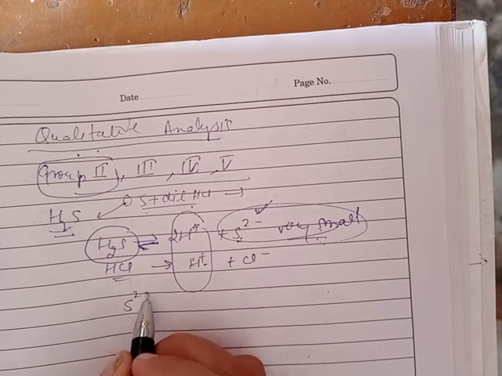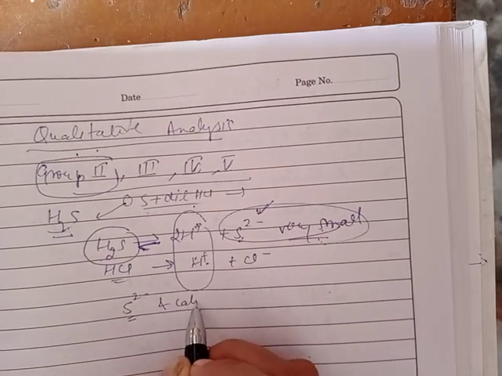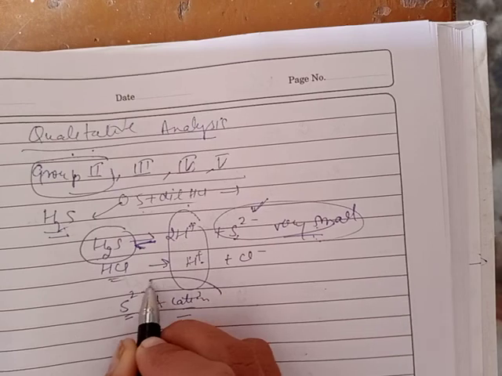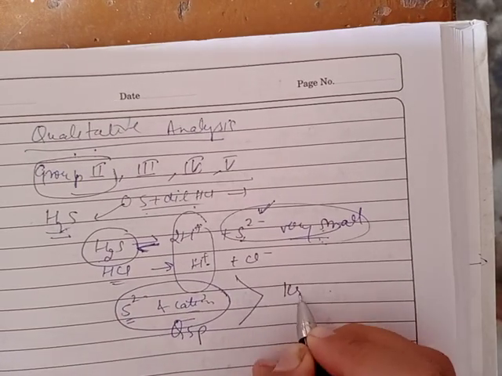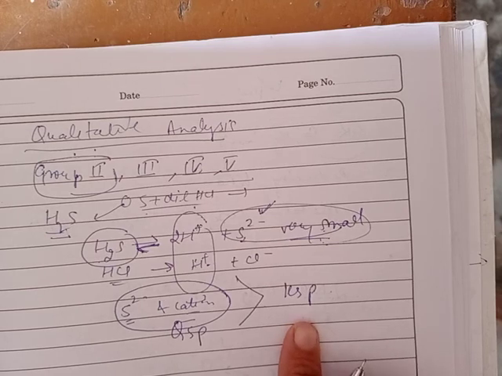This S2- as well as the cations of the second group, their ionic product, that is Qsp, exceeds the value of the solubility product of the corresponding sulfide.